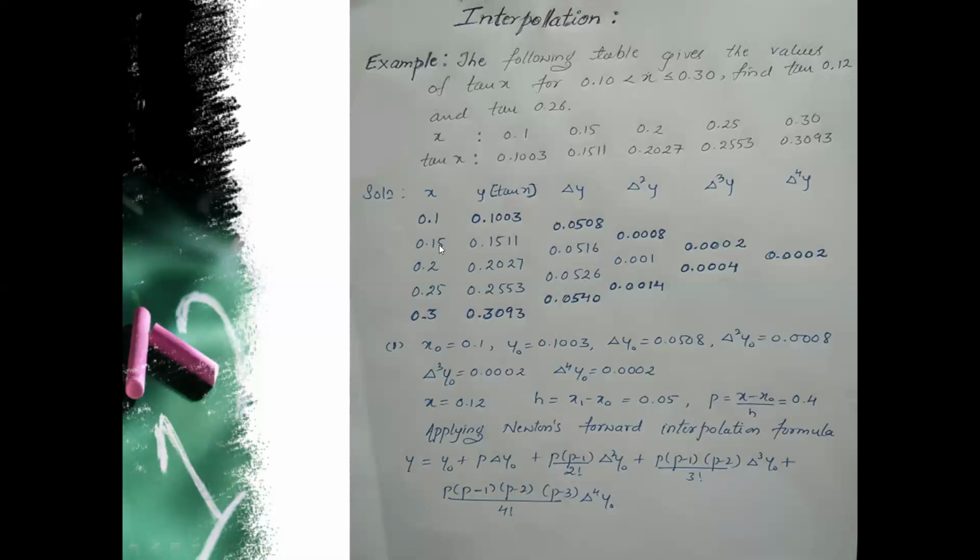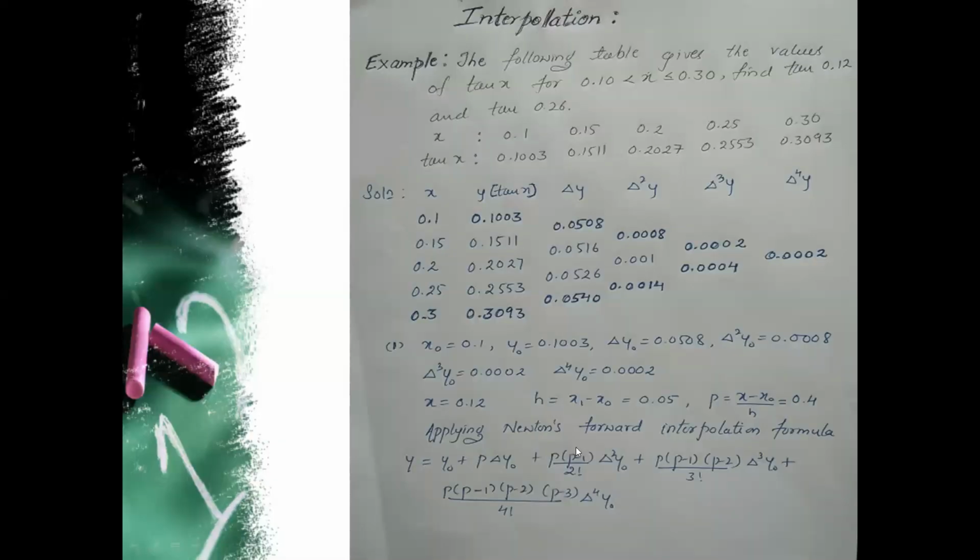Take the difference between any two values of x, it is the same, and it is 0.05. Now for the forward interpolation formula, p is given by x minus x naught divided by h. x is 0.12, x naught is 0.1, divided by 0.05. Substituting them, we get the value as 0.4.